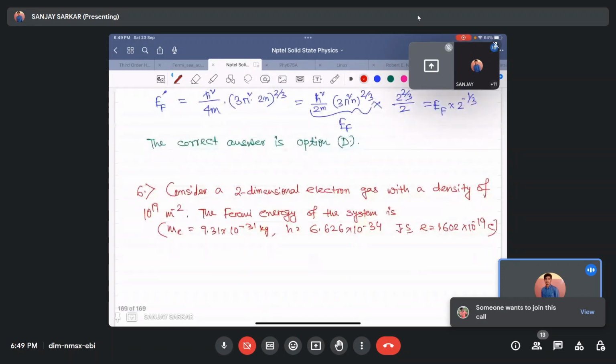These values are given up to 2 decimal places. You need to calculate in unit of electron volt.